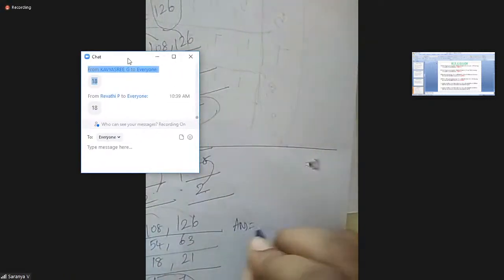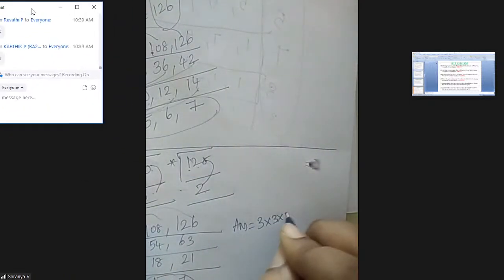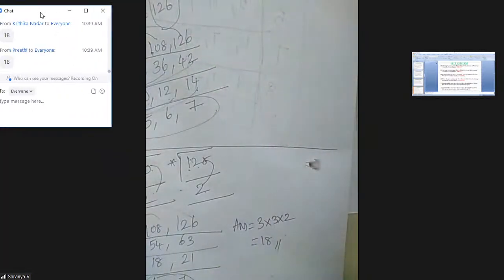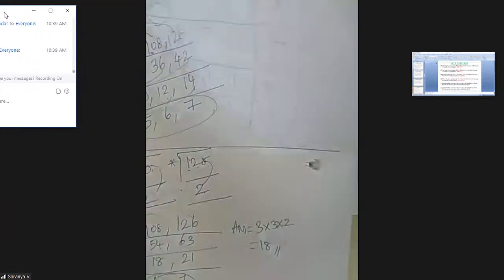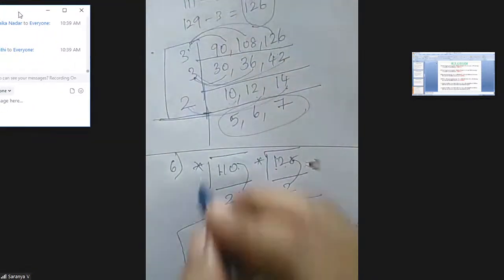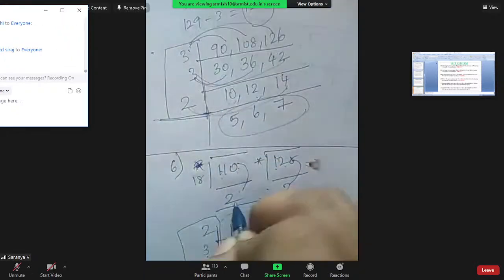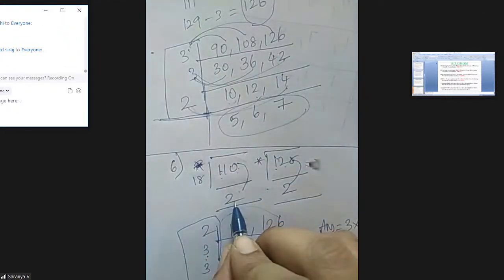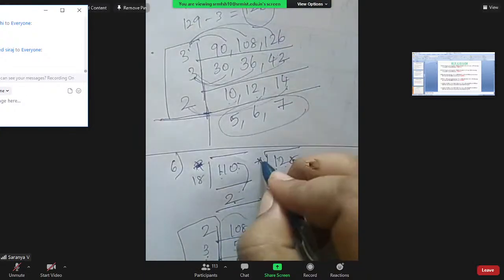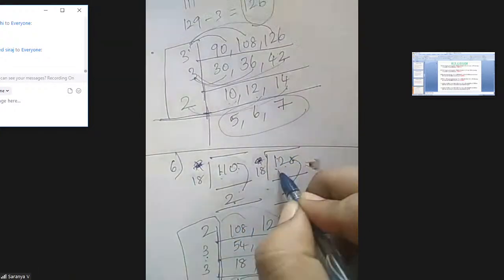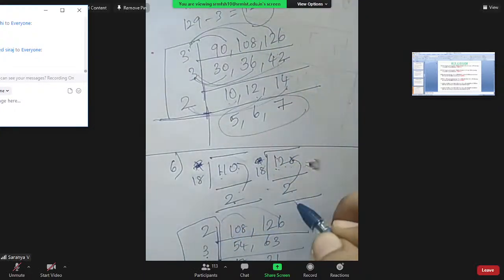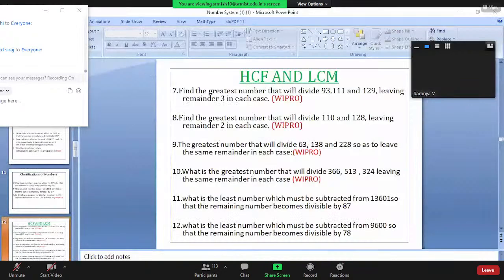Answer is 3 into 3 into 2. So 18. So when I divide 110 by 18, I'll get 2 as the remainder. That is the meaning. And when I divide 128 by 18, I'll get 2 as a remainder.